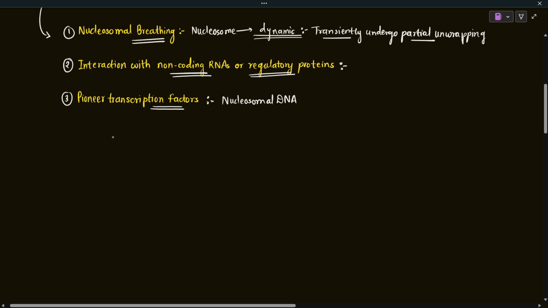So what happened was, there is a transcription factor known as FOXA. This transcription factor was seen to bind to normal DNA, the loosened up DNA, as well as nucleosomal DNA.